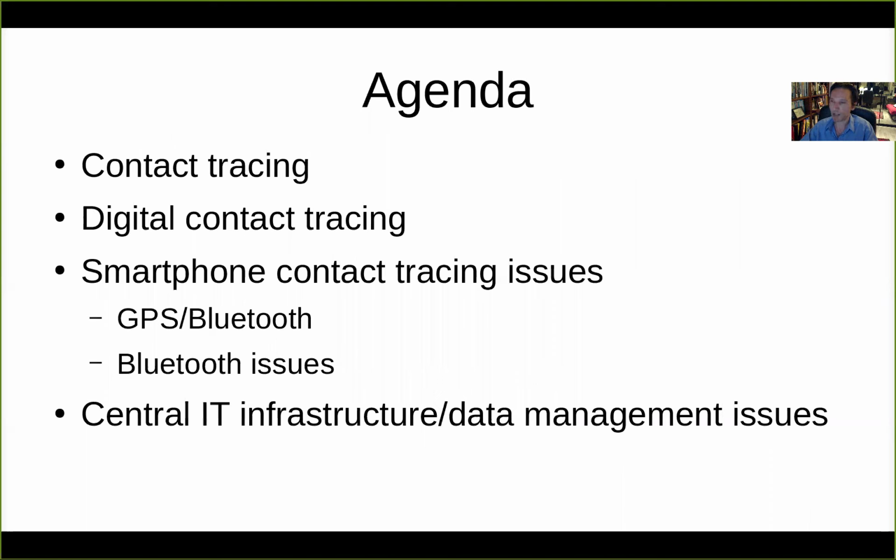Now, while this slide displays the structure of the talk, I should really state that my main goal is to raise awareness of the challenges that we face when we make digital contact tracing applications.